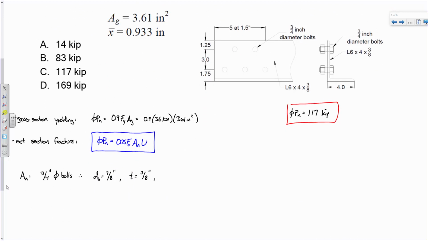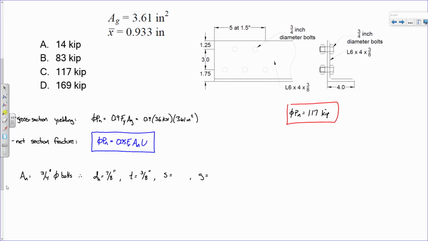Now, I see something with this bolted connection pattern that we're going to need to consider. We got staggered bolted patterns. We need a stagger factor, which means we need an S value and we need a G value. Let's start off with the G value. Does anybody remember which way you measure G?